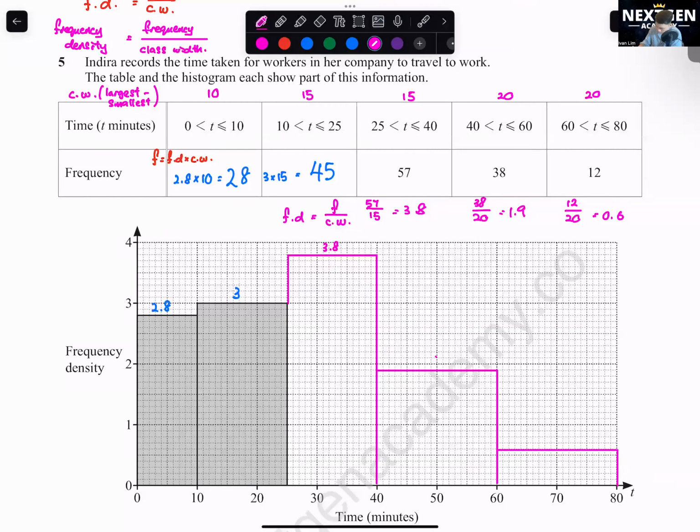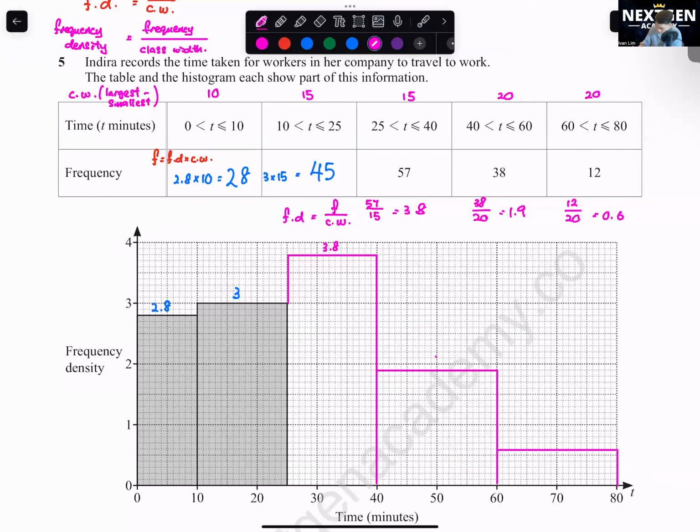Okay, let's put into the formula here. So 5 times 28 plus 17.5 times 45 plus 32.5 times 57 plus 50 times 38 plus 70 times 12, over the sum of f.